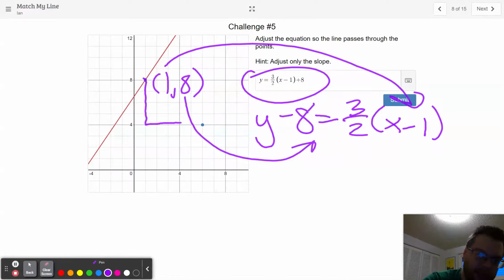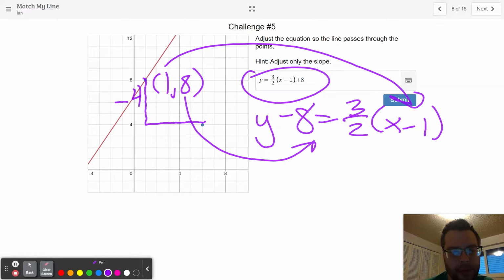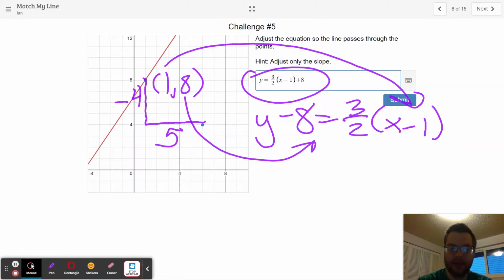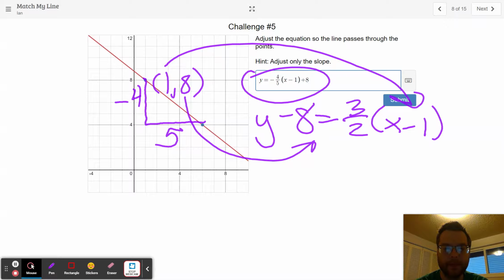Draw a slope triangle between those points, and it looks like that slope triangle goes down by 4 and over by 5. So in my equation I can put -4 over 5. It is okay to leave it like this with the plus 8 on that side, or a -8 over here like I've taught you how to do it.